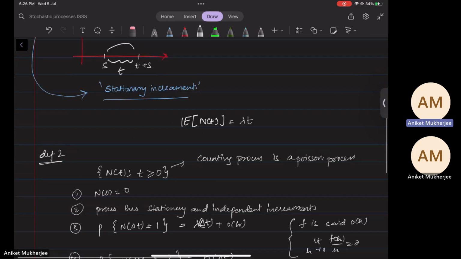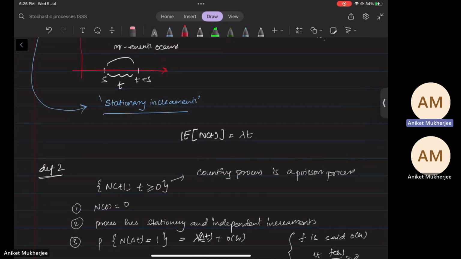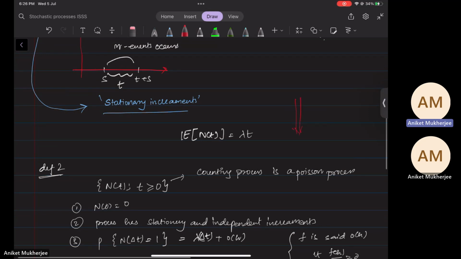So next we saw how to show the equivalence between these two definitions. We showed it only one side: the second definition implies the first definition. So if you know that the second definition is true, then how do you get the Poisson distribution for each interval?